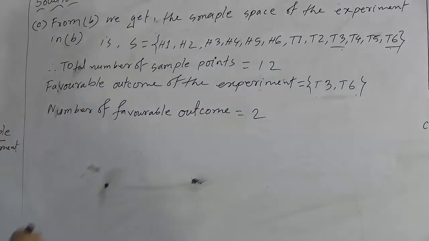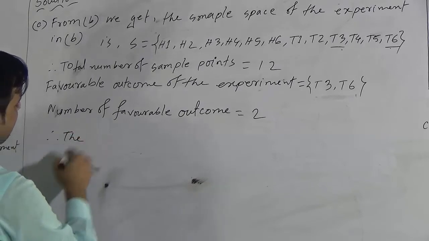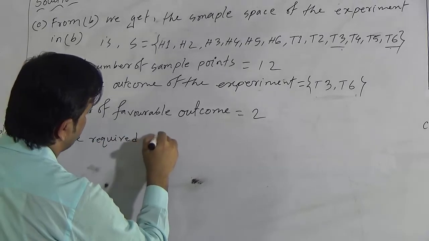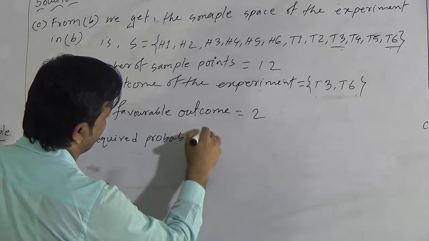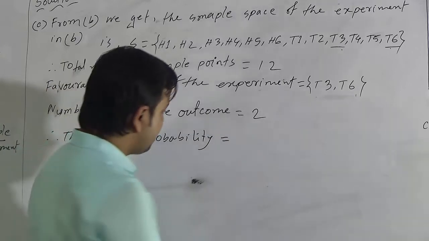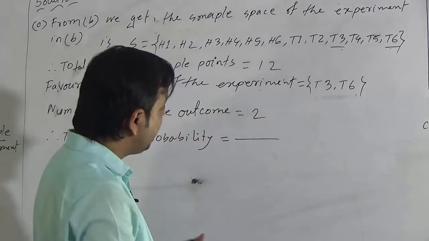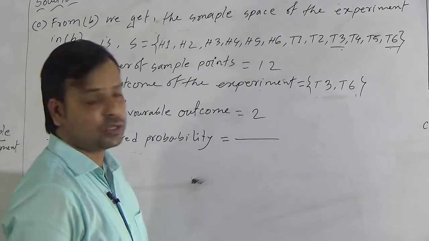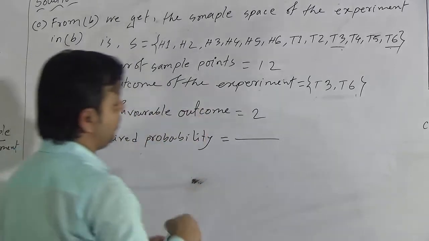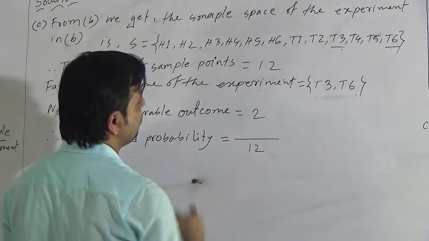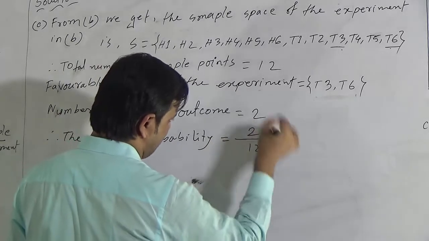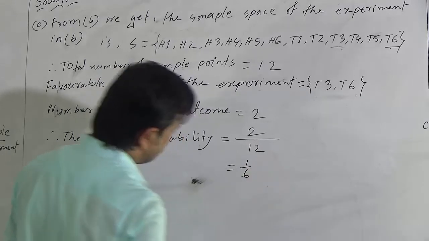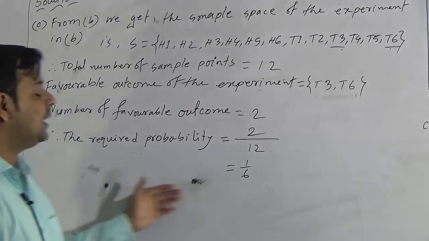So, we can write therefore, the required probability is equal to, dear students, you know that to determine the probability we have to divide the number of favorable outcomes by the total outcomes. Total outcomes means here total number of sample points, that is 12, and number of favorable outcomes is 2. So, if we calculate, we will get here 1 by 6. So, the required probability is 1 by 6.